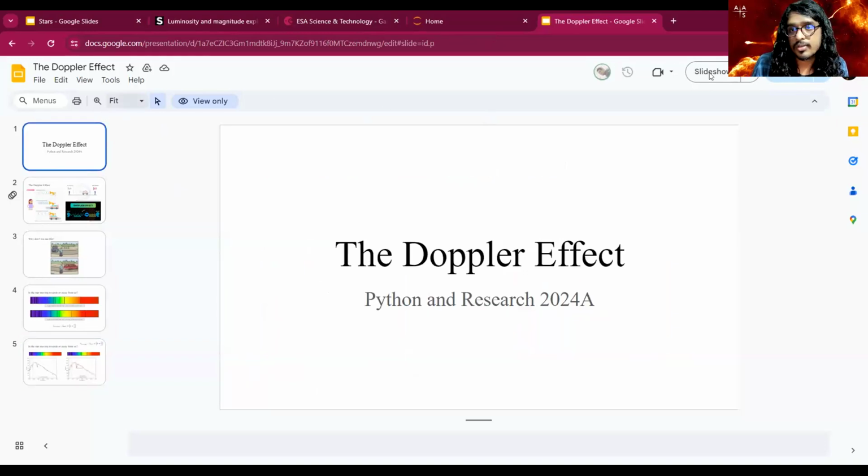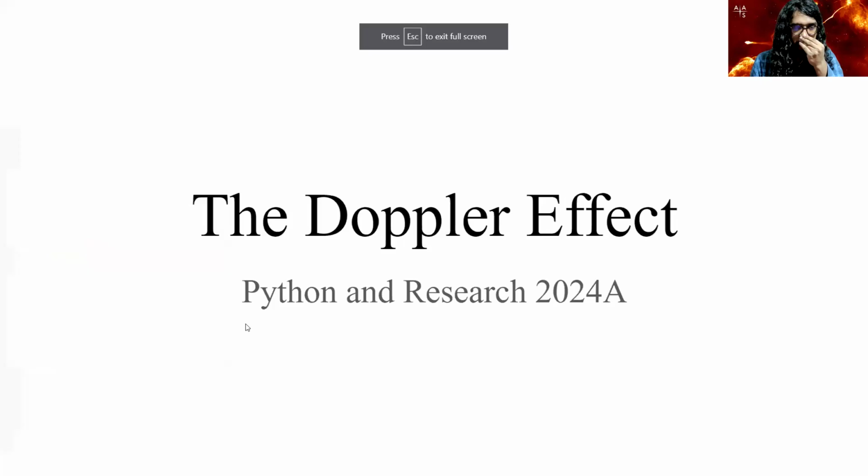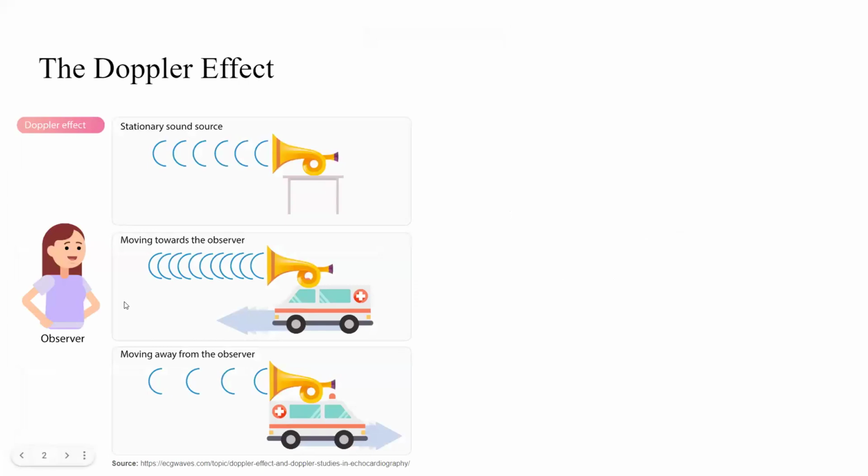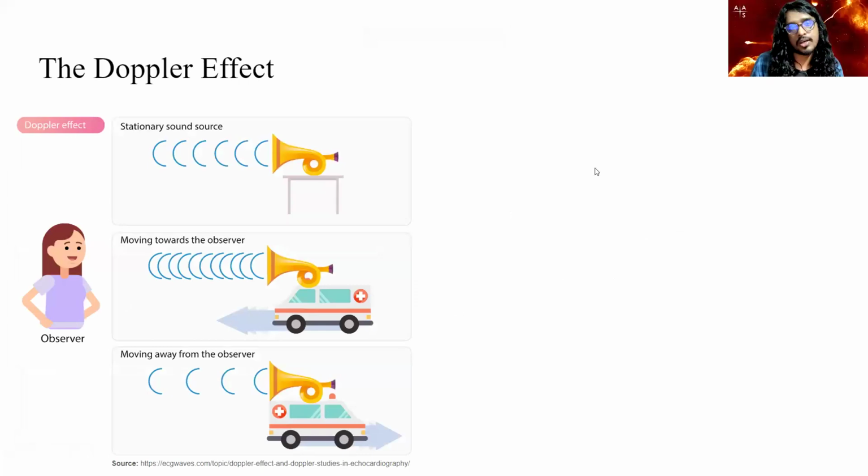Let's start the slideshow. The Doppler effect, you will be familiar with the sound of an ambulance siren or a police siren, usually, if you're American, I guess, or a train whistle.